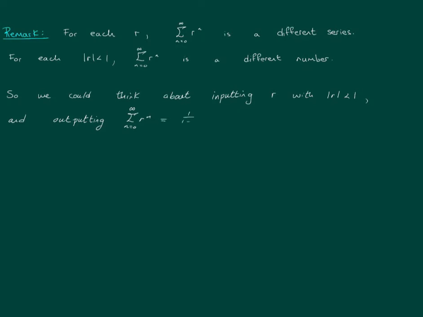And in particular, this equals 1 over 1 minus r when we have this condition on the size of r. So what does this remind us of? Inputting a number and outputting another number.